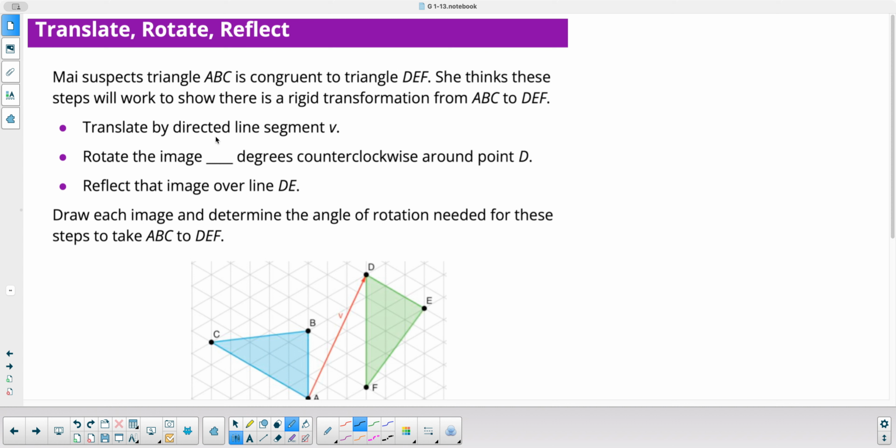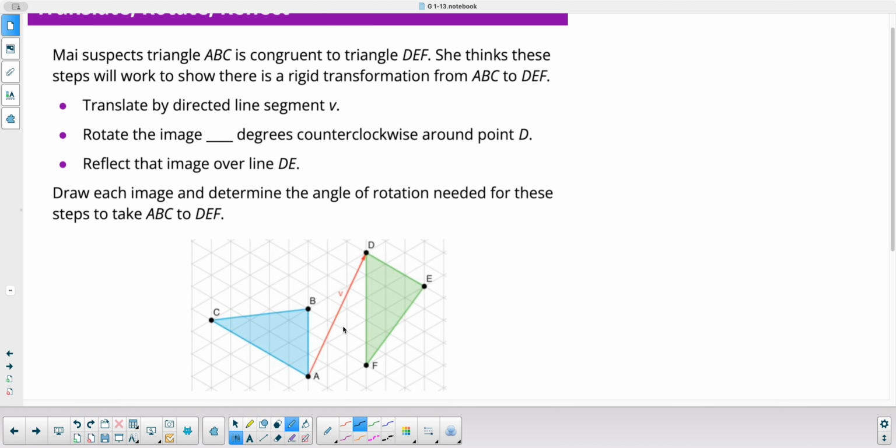All right, let's take a look at this one here. Translate, rotate, reflect. Mia suspects triangle ABC is congruent to triangle DEF. She thinks these steps will work to show there is a rigid transformation from ABC to DEF.